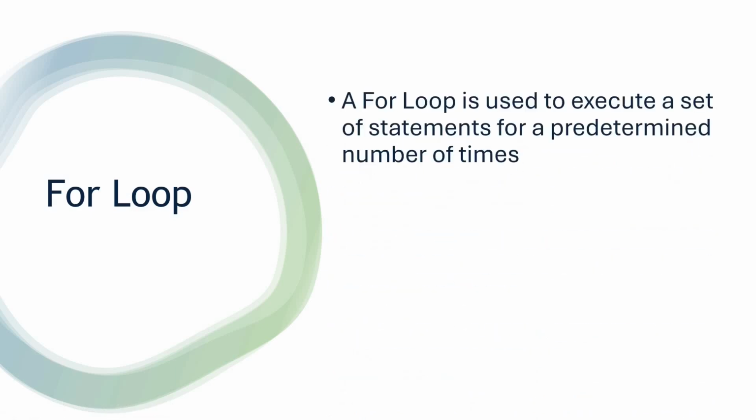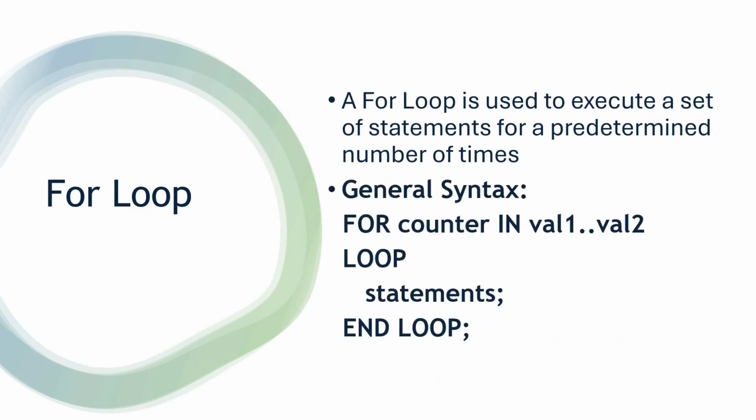Now we'll see the for loop. A for loop is used to execute a set of statements for a predetermined number of times. That means if we know how many times the statements will be executed, then we can use the for loop. The general syntax of the for loop is FOR counter IN value1..value2. This value1 and value2 is nothing but a range. Suppose we want to execute a loop 10 times.